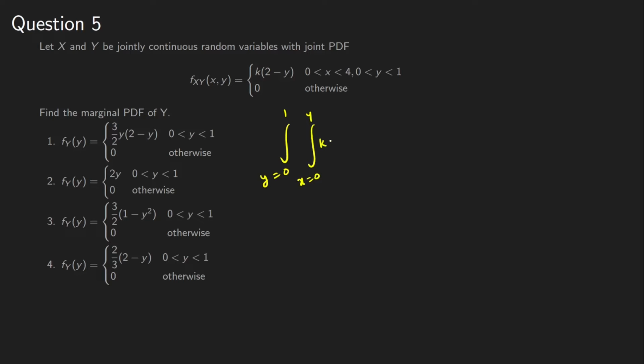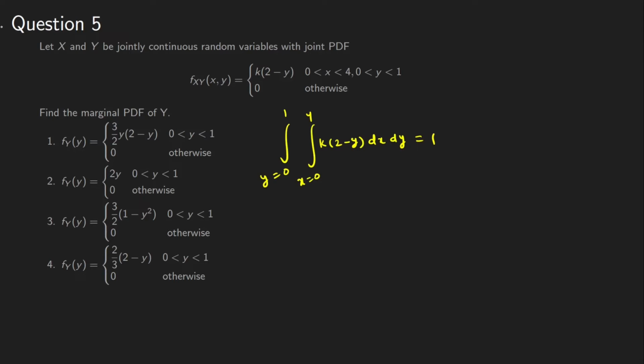We will integrate k times 2 minus y. First with respect to x, then with respect to y, and by the property of joint PDFs, this should be equal to 1. And from this equation, we will be able to find the value of k and then find the marginal PDF of y. So let's first integrate this.